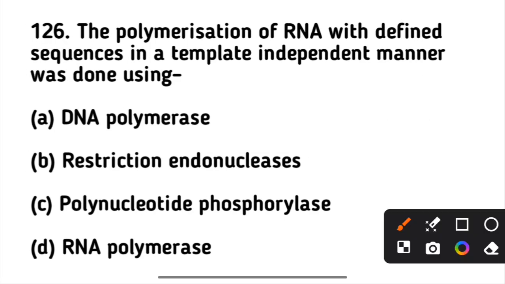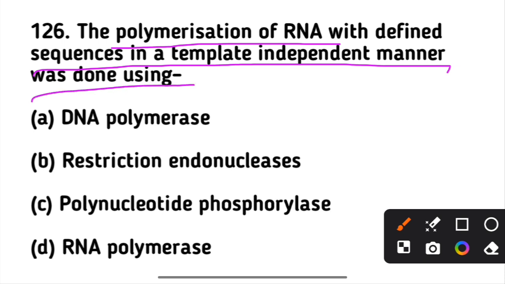Next, the polymerization of RNA with defined sequences in a template independent manner was done using DNA polymerase, restriction endonucleases, polynucleotide phosphorylase, RNA polymerase.